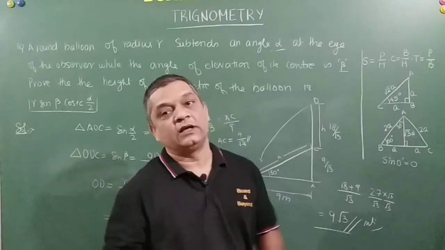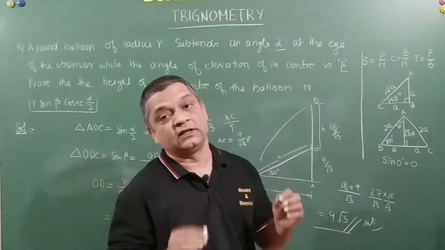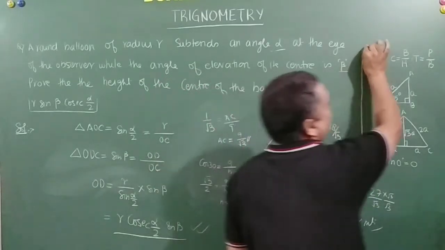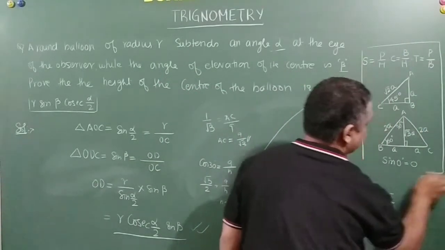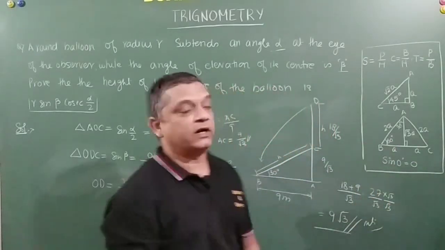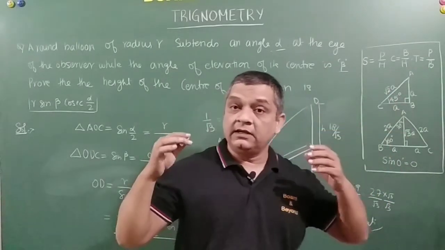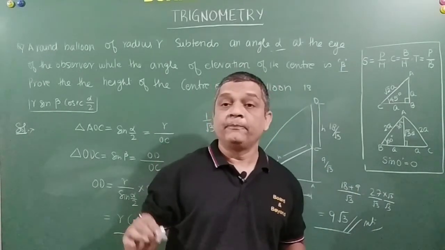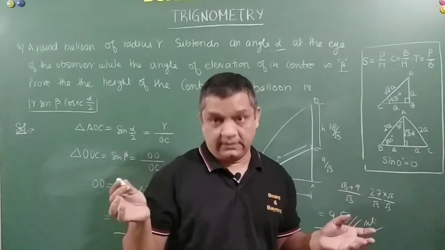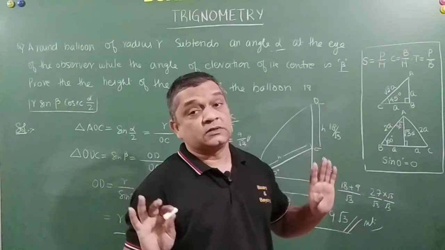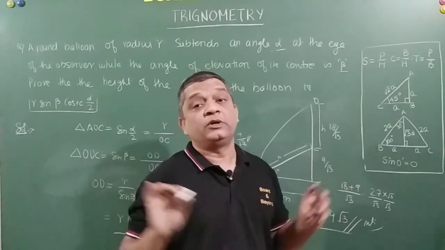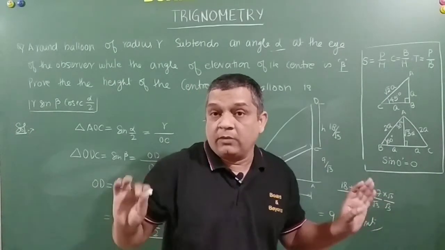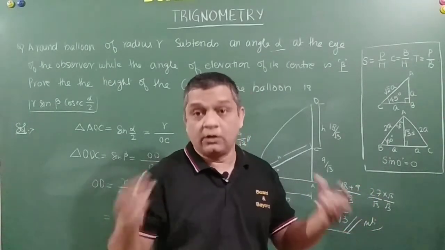I just wanted to tell you one more thing, friends, before we actually move out of trigonometry. Please understand this. Very, very important. I personally recommend that when you get your answer sheet, not the question paper, because your question paper cannot be free of trigonometric height and distance problems or trigonometric problems.